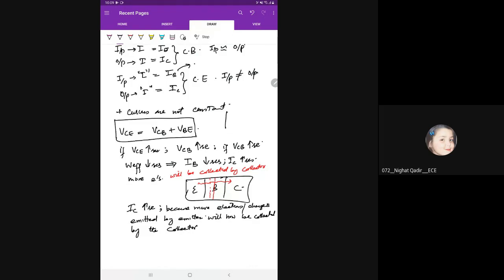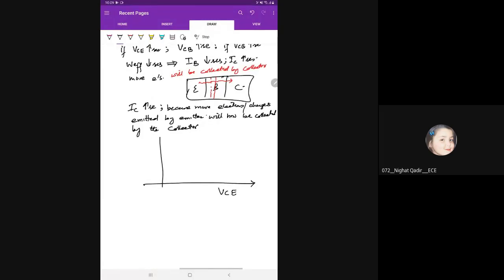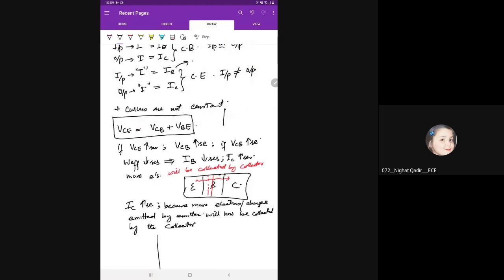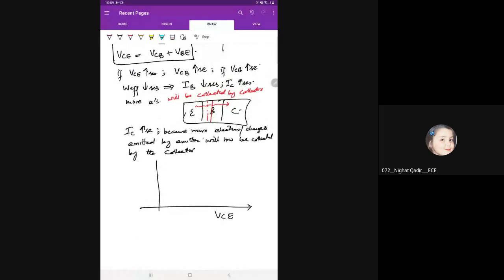Okay. So therefore, what can we conclude? If VCE increases, IC will increase. So this plot is basically between IC versus VCE.